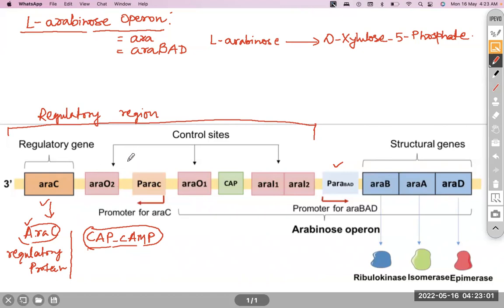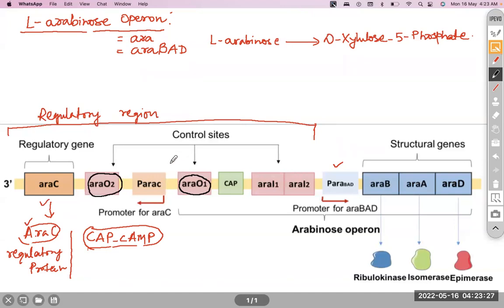इस रेगुलेटरी रीजन में दो ऑपरेटर रीजन है. कौन से? ARA-O1 and ARA-O2, ara operator 2, ara operator 1.